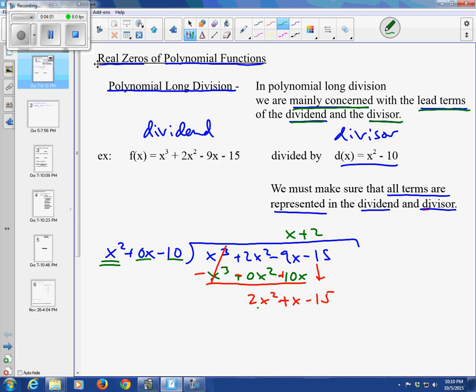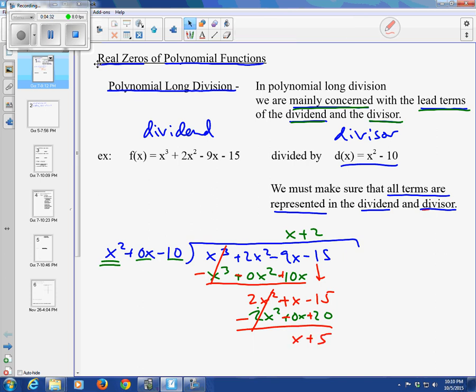So right here we distribute that 2 through our divisor, and we get 2x squared, and then right here we're going to get a plus 0x, and then right here we're going to get a minus 20 for the multiplication of 2 and then negative 10. Now when we distribute that negative through, we're going to get minus 2x squared minus 0x and plus 20, and the lead terms cancel out, and we are left with x plus 5.